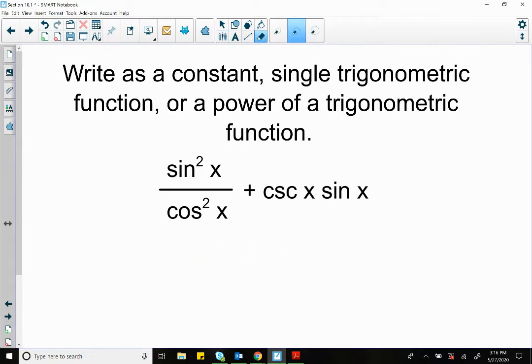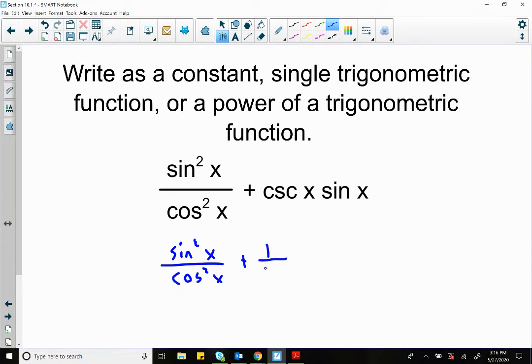Let's change everything to sines and cosines, since a majority of this is already in sines and cosines. Go figure. Leave it. So we just have to change the cosecant. Easy peasy, lemon squeezy. Plus cosecant is 1 over sine x, times sine x.